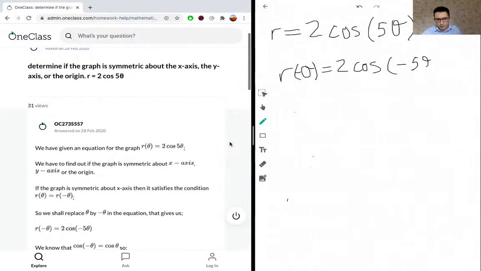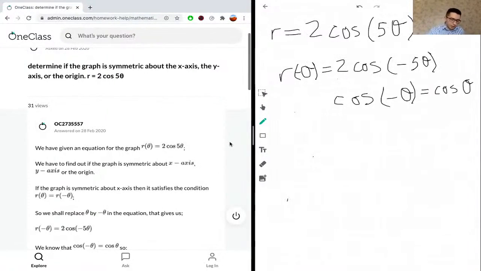So here we want to think about the cos value. We know that cos of a negative theta is equal to, let me just write this side by side, cos negative theta is equal to cos theta. This is just a definition of cos theta.